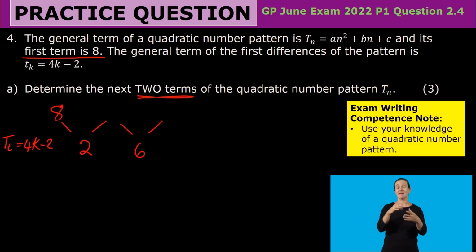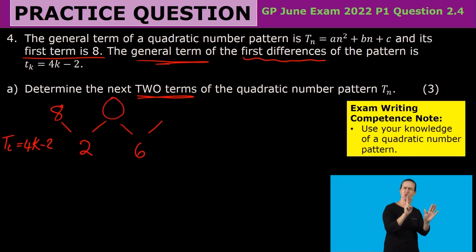Because we have been told that this is the general term of the first differences. So we are able to get those values. That is going to help us to get the next terms of the quadratic number pattern. So if the difference between this value here and 8 is 2, then that value is going to be 10, because 10 minus 8 would give us 2.